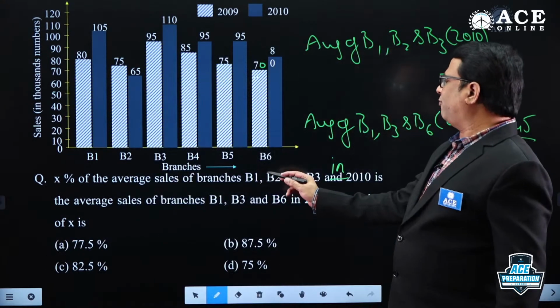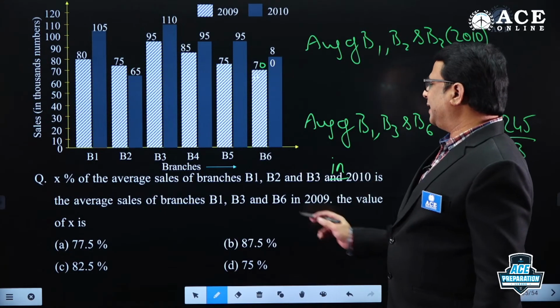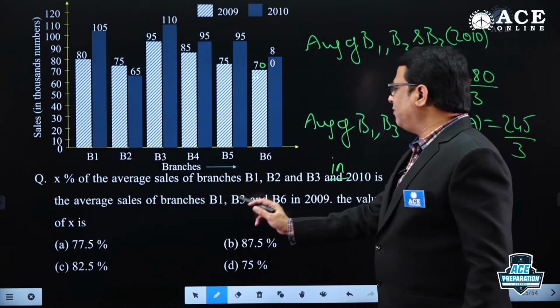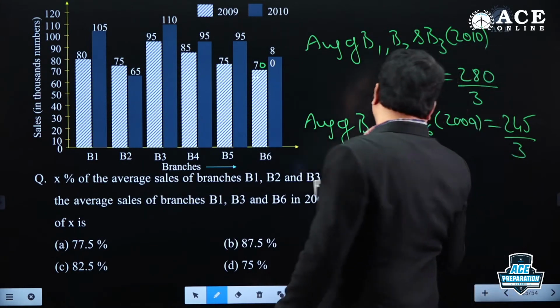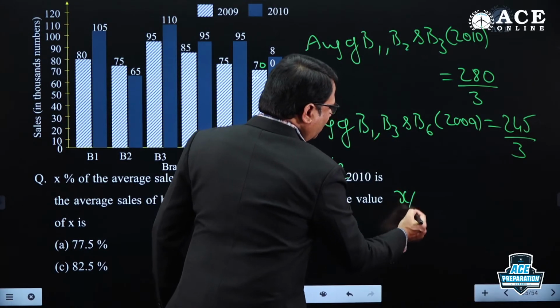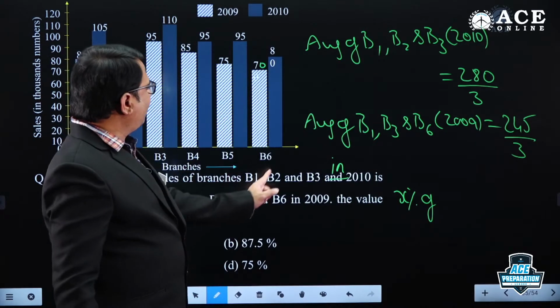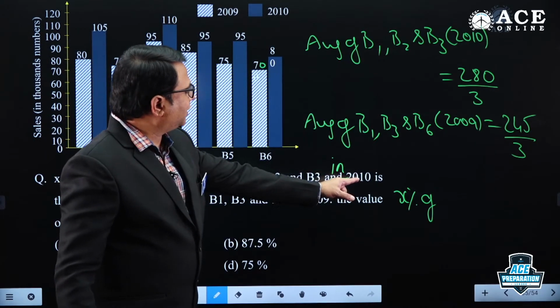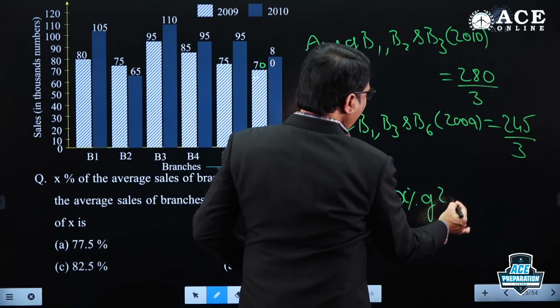Now what is the question? X percent of the average of B1, B2 and B3 in 2010 is equal to the average of B1, B3 and B6 in 2009. So what is the average of B1, B2, B3 in 2010? 280 by 3.